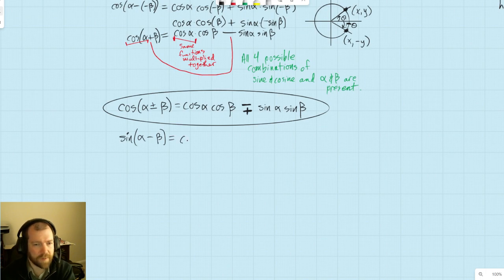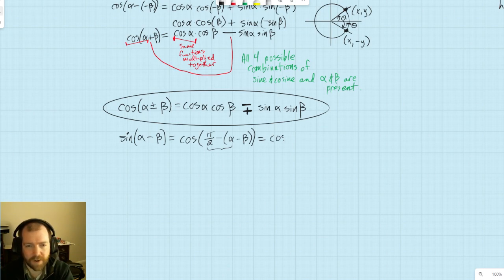So this is the same as the cosine of pi over 2 minus parentheses alpha minus beta. So using the cofunction identity, we can say these things are equal. And then here's the trick, right? You shift which ones, or you do the association as far as what you're actually subtracting. So this is the same as the cosine of pi over 2 minus alpha plus beta.